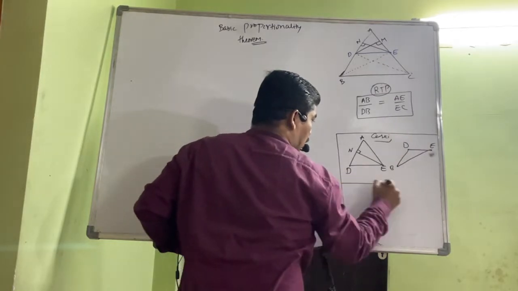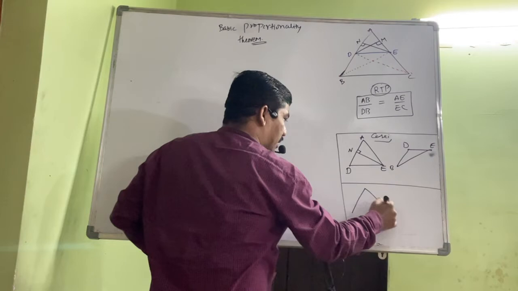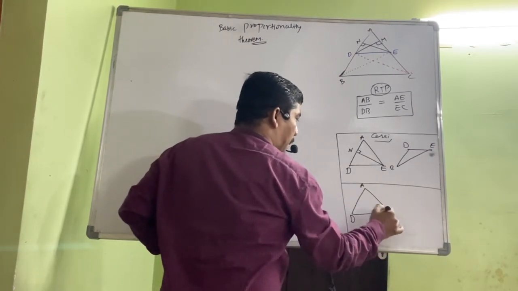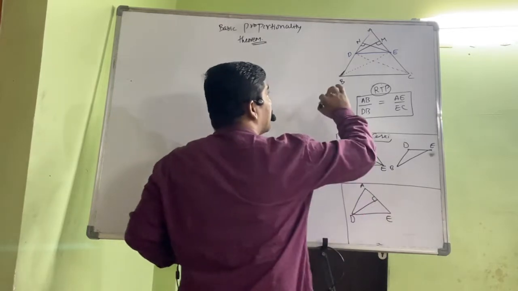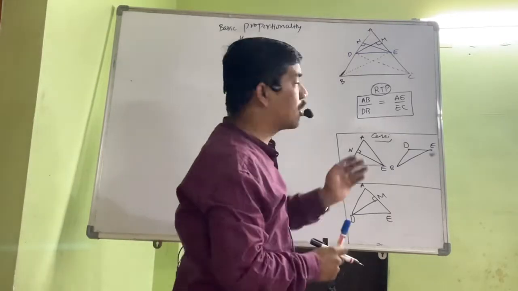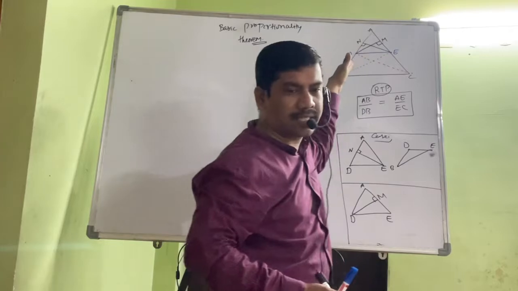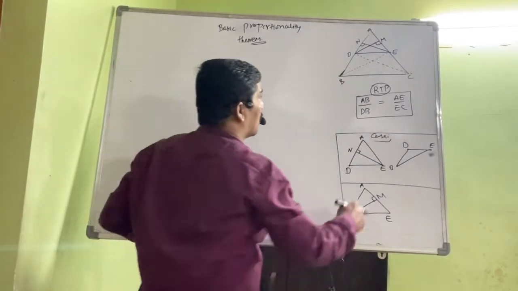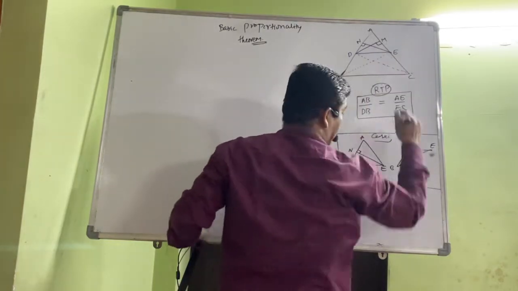For case 2 also look at now. Again draw A, D, E. But now take perpendicular this one, D, M. Because now I am drawing triangles on AC. Right, first case on side AB, second case on side AC. Now here you take BD completed, CDE.